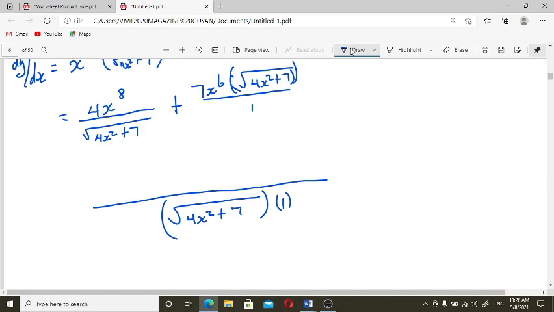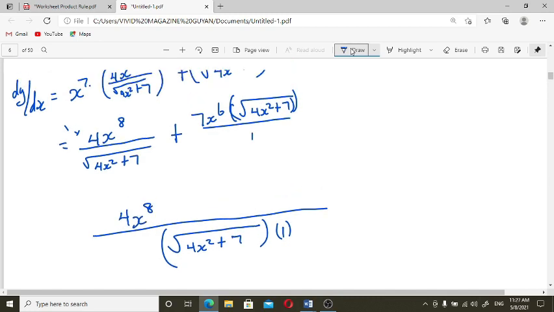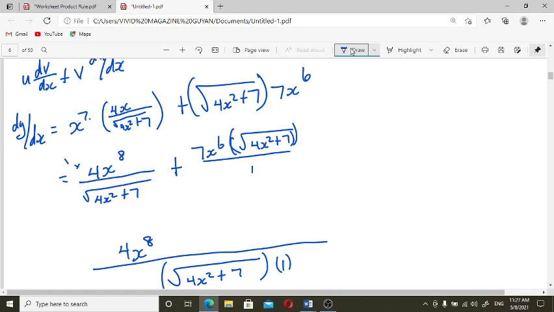So when you have this done, you're having times 1. So you're going to be left with the 4x to the 8th. And here now, what you're going to have is 4x squared plus 7 rooted.